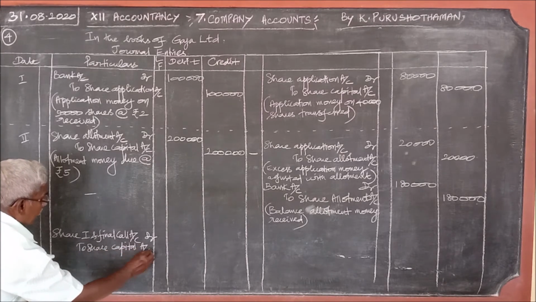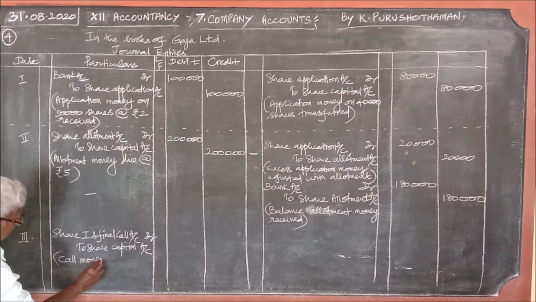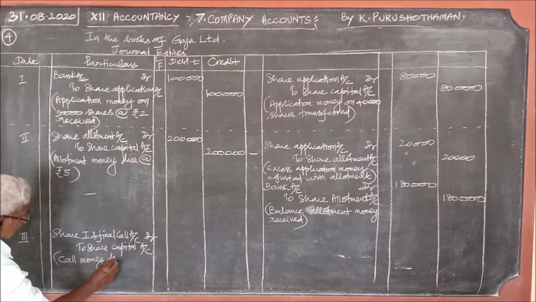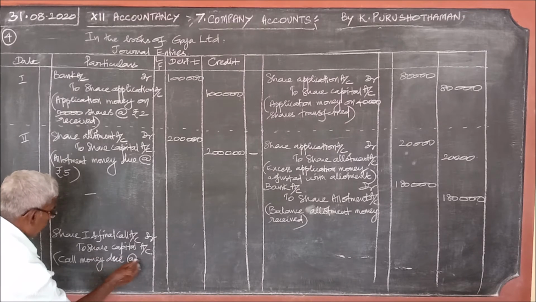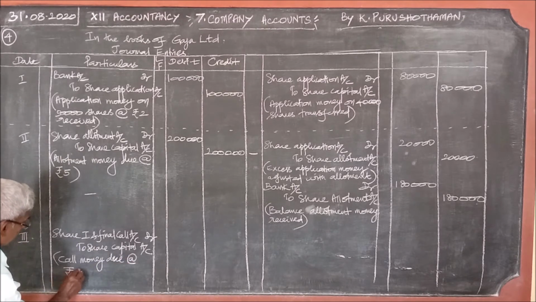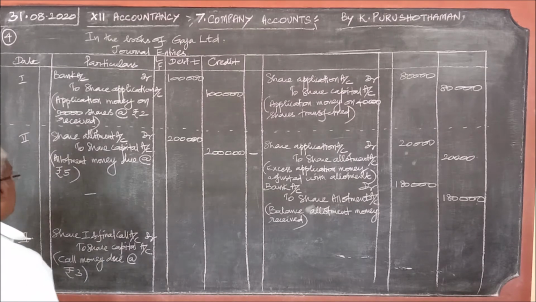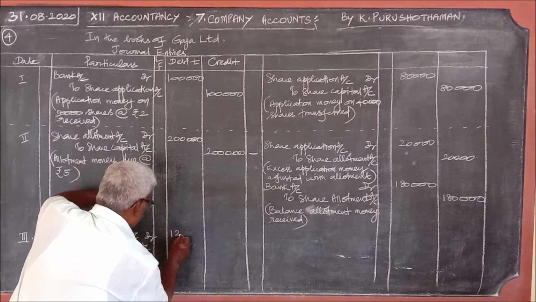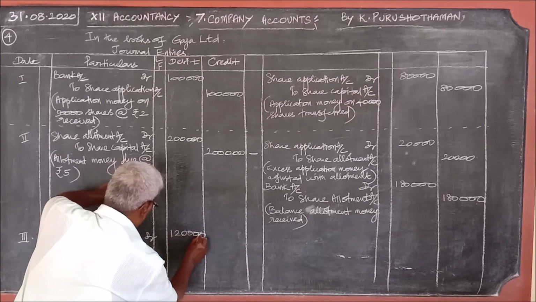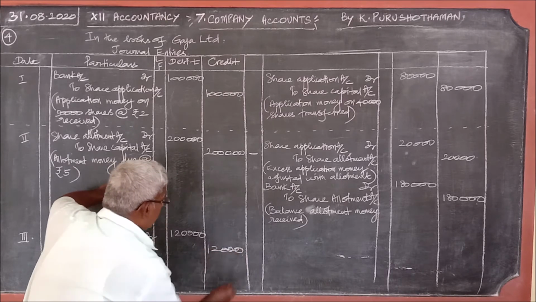Call money due at the rate of ₹3. So 3 into 40,000, 1,20,000 we should write.